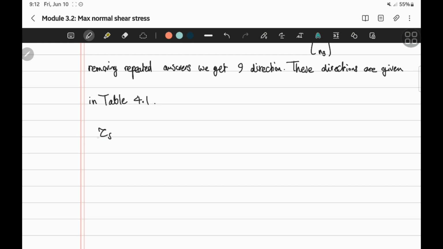And if you want to get the maximum of tau s, basically we have t1, t2 in the pipes. So these are absolute values, and then we have the difference between t1 and t3 divided by 2, and then we have t2 minus t3 divided by 2.